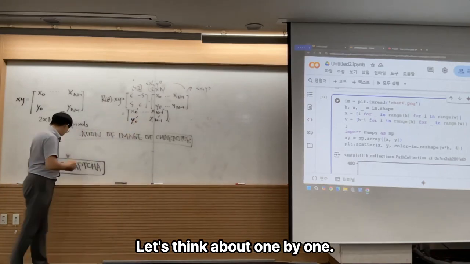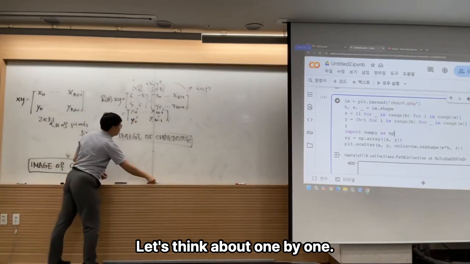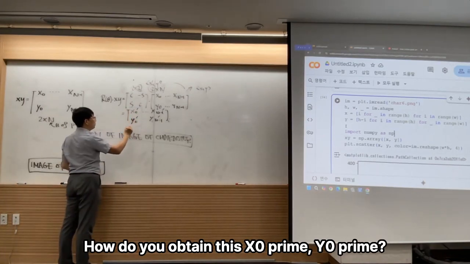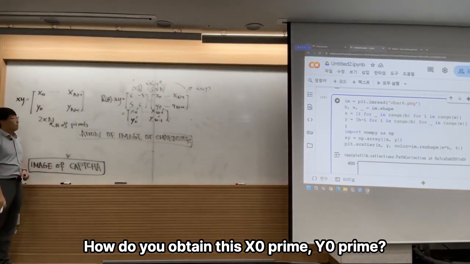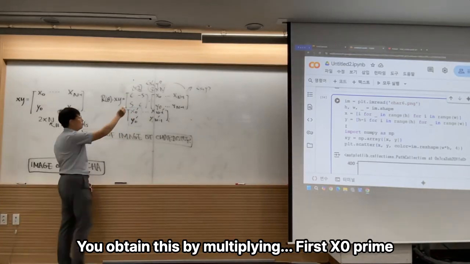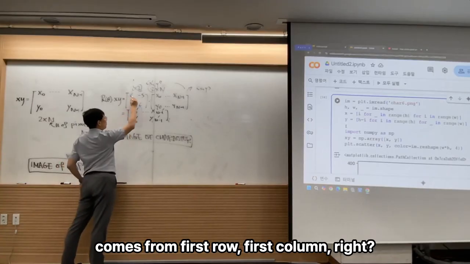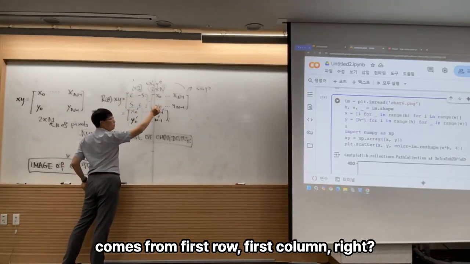Let's think about it one by one. How do you obtain x0 prime, y0 prime? You obtain x0 prime from the first row, first column, these two.